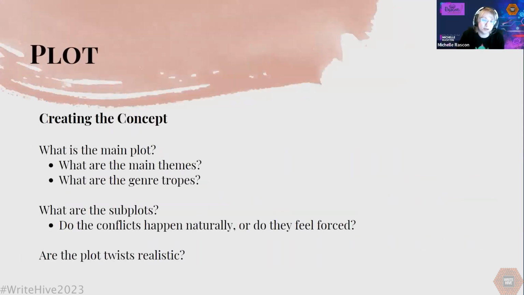And these are the questions that you should ask yourself when you're reading about your concept. So what is the main plot? There's main plots and there's subplots, and the main plot is the one that goes all the way through the story. It's the inciting incident to the resolution. In that, you also want to think about your themes. What are the genre tropes that you're going to come across?